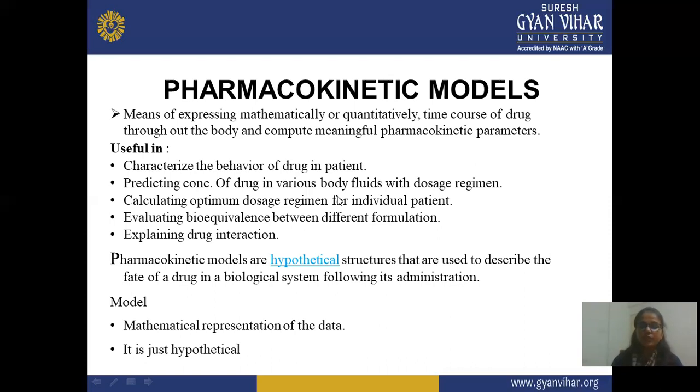Next is calculating the optimal dosage regimen for an individual patient. Meaning if you are checking how much dose is sufficient for that particular patient according to their body weight, you can also use this pharmacokinetic model to calculate the dose of the drug.